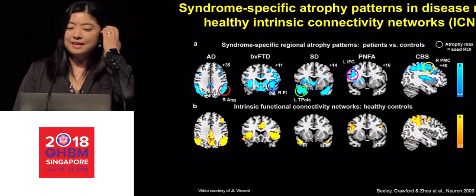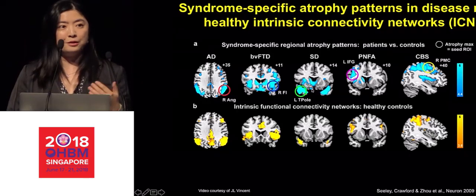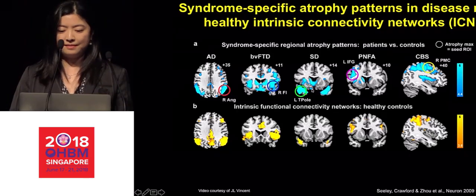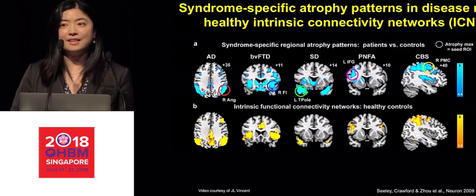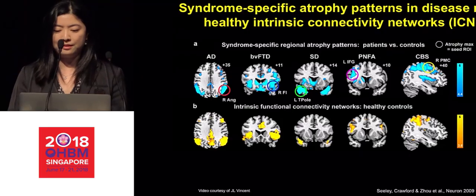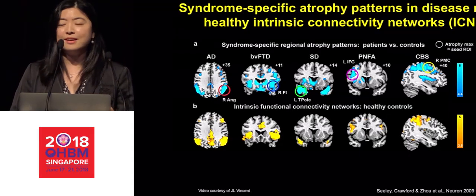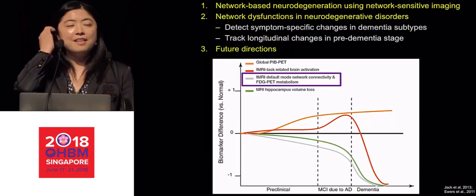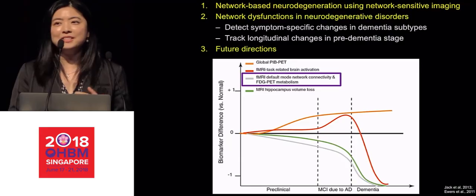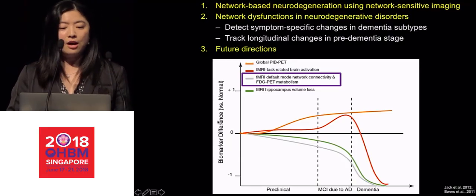As you can see, there's a great similarity between the 2 maps, atrophy and ICNs. This confirms that each disorder targets a very specific network in the brain. The regions wired together within the network, they fire and shrink together. And this work opens up interesting questions on selective network vulnerability along the disease progression.